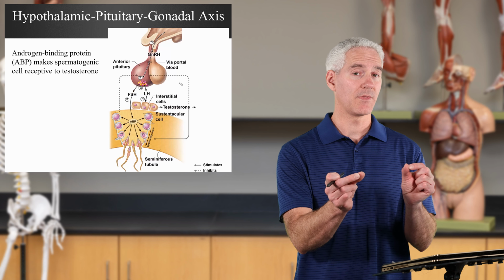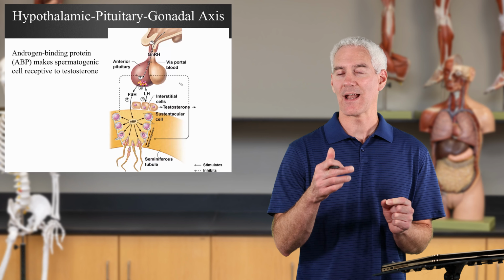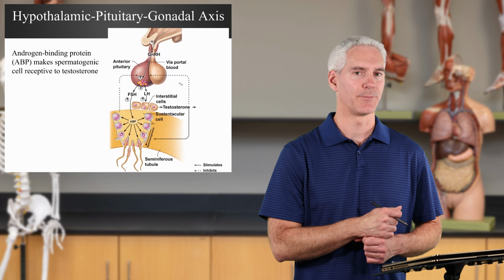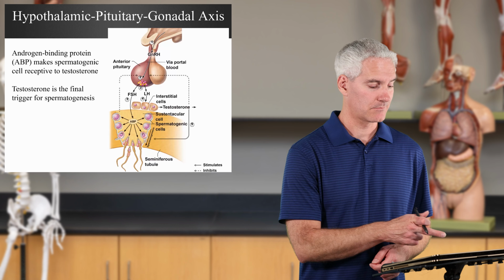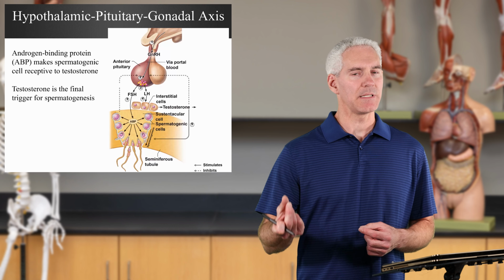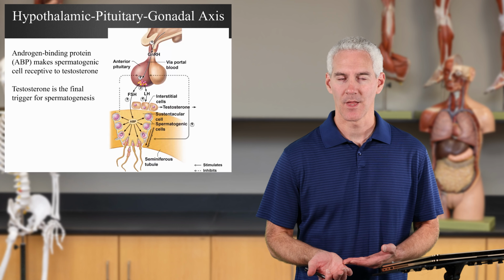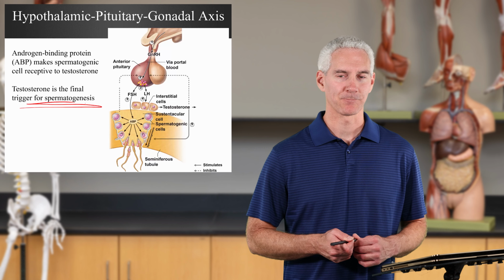So you have to have both of these, FSH and LH, working together. That allows testosterone to then activate the androgen binding protein, which makes the spermatic cells receptive. Once those spermatic cells are receptive to testosterone, and there are adequate amounts of testosterone, then you have the final trigger for spermatogenesis.